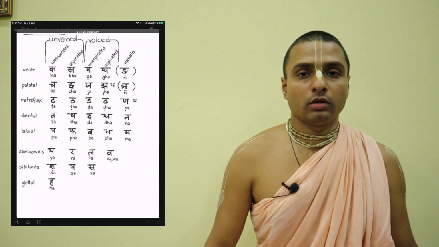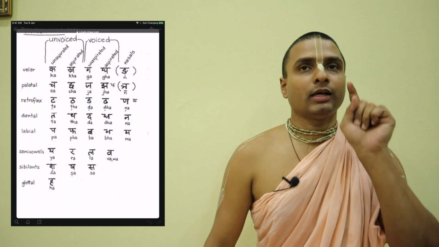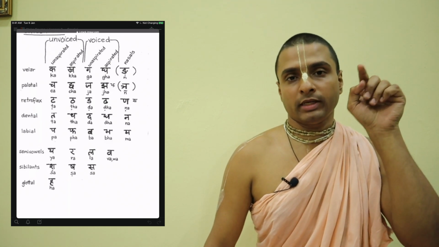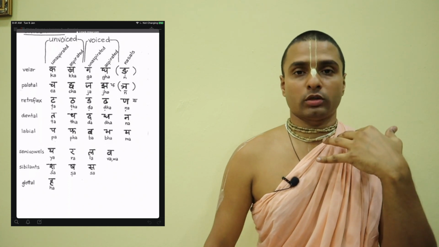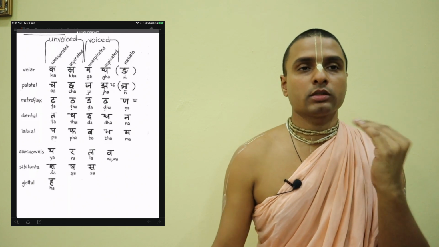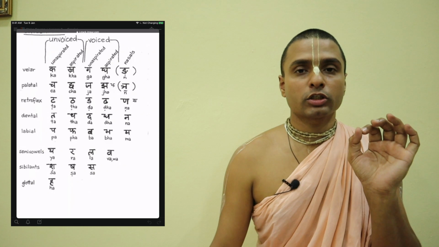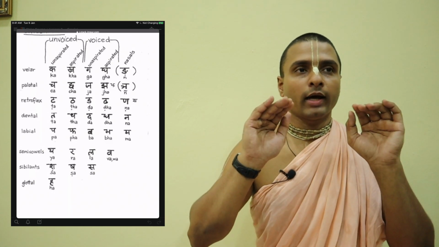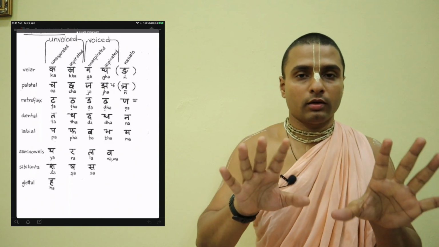That is unvoiced. Then cha and ja: the tongue touches the same part, but voiced. That is called ghosha. Aghosha, unvoiced, is cha, and with a breath of air, chha. So stop the sound and then say cha and ha together.